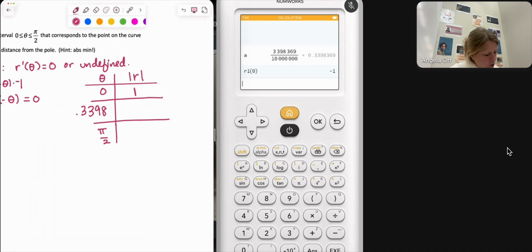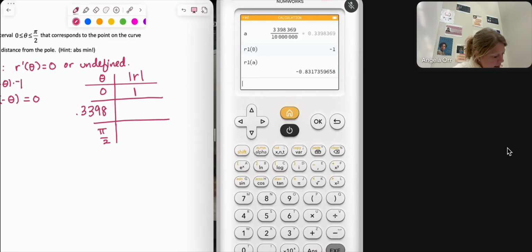All right, I'm going to go back up and hit OK on top of this to grab it again. And this time I'm going to enter alpha A, and I'll hit execute. And that gives me -0.83. So the magnitude of that would be 0.832.